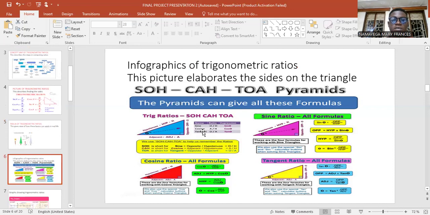We have SOHCAHTOA, which is sine, which is equaling to opposite over hypotenuse, cos, which is equaling to adjacent over hypotenuse, then tan, which is equaling to opposite over adjacent.